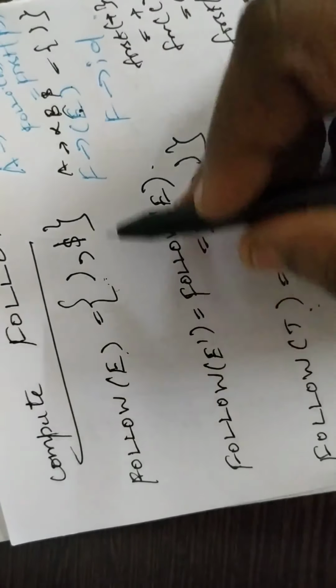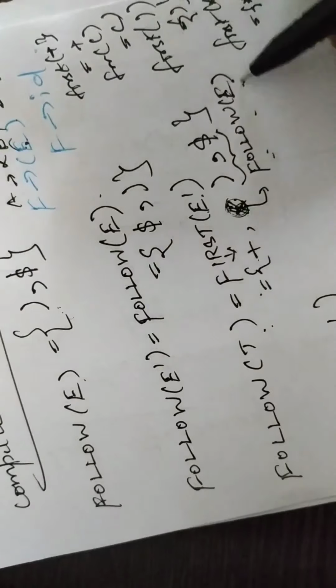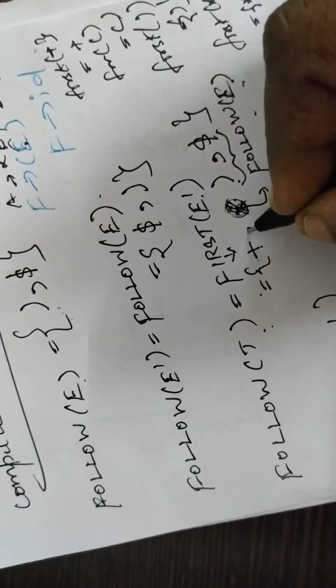We should not write epsilon; for epsilon we find follow of E. So follow of T is plus, close bracket, dollar. The comma is a separator.